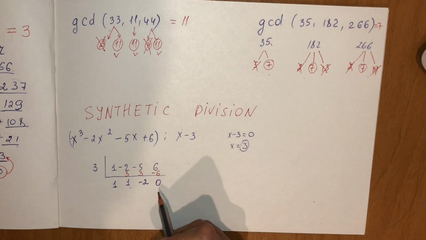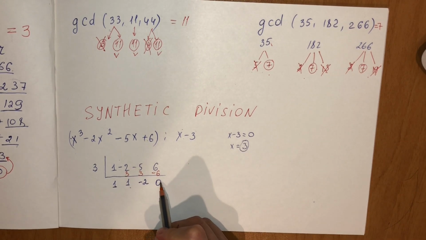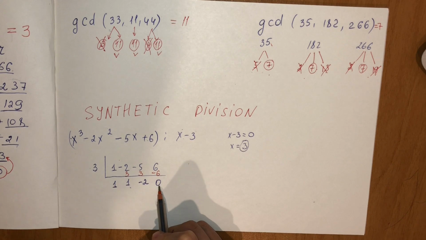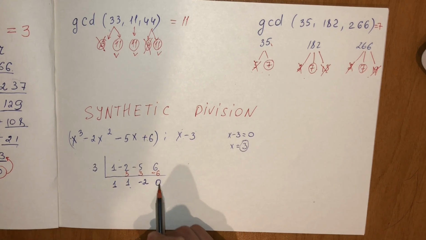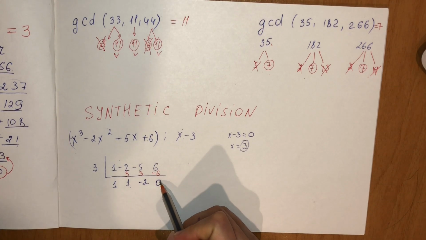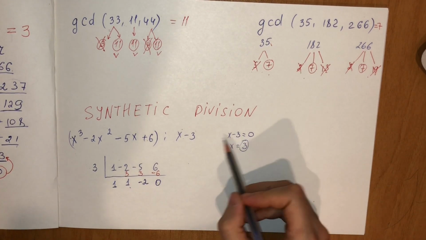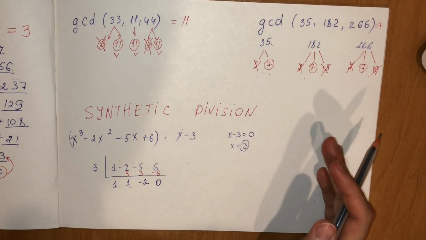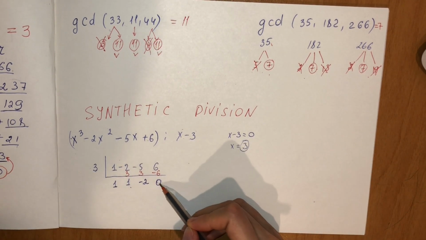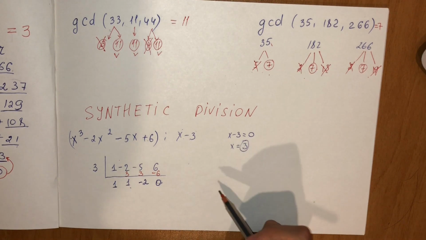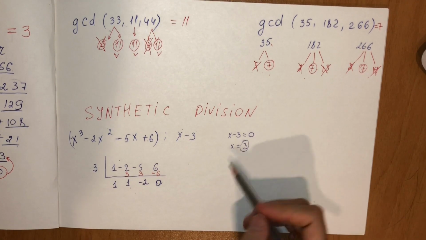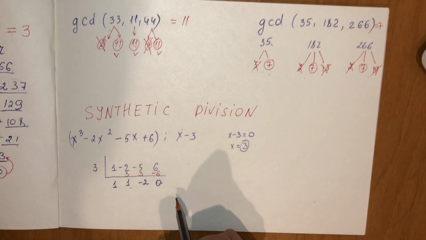So we got that the last coefficient is 0. If you don't get 0 here, it means that x minus 3 is not a factor. You should get 0 here. Just keep it in mind.